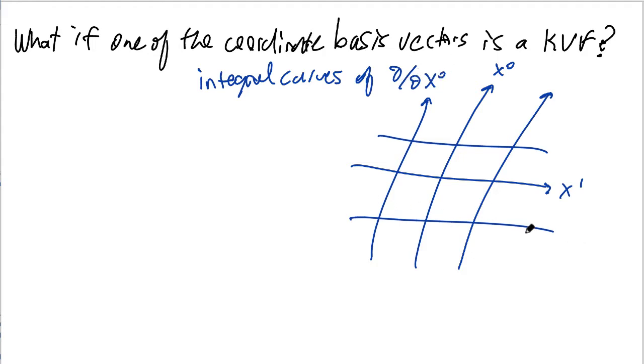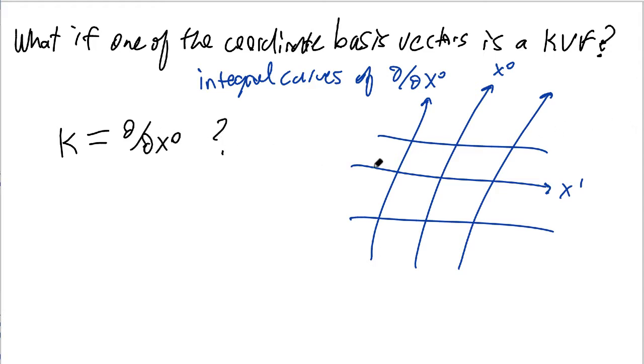And likewise, these curves here are the integral curves of d by dx1. So what I'm asking is, what if one of these basis vector fields, like, for example, d by dx0, what if d by dx0 is a Killing vector field?